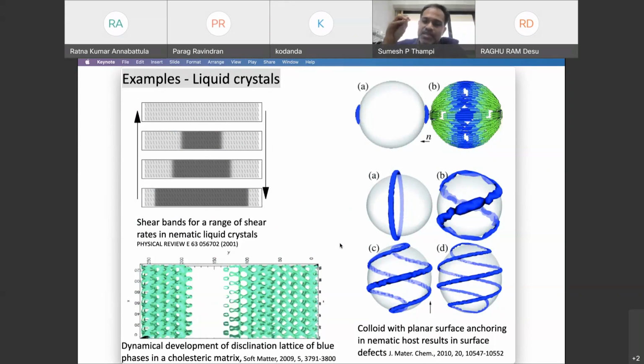Defects mean essentially mistakes in the order in the system. A liquid crystal will have certain orientational order, but there will also be some mistakes, and it's easy to see and identify those mistakes, and that tells you a whole lot about the material itself, and how the material is moving can also be figured out by figuring out how the mistakes move.